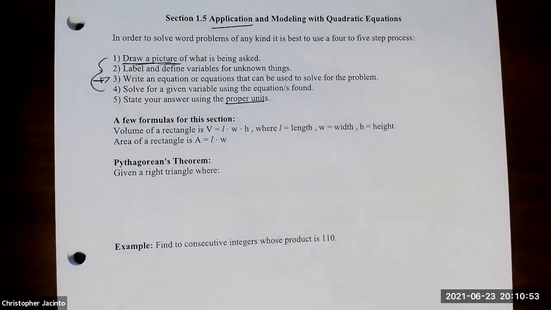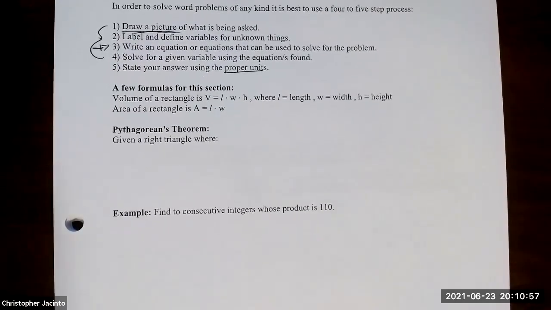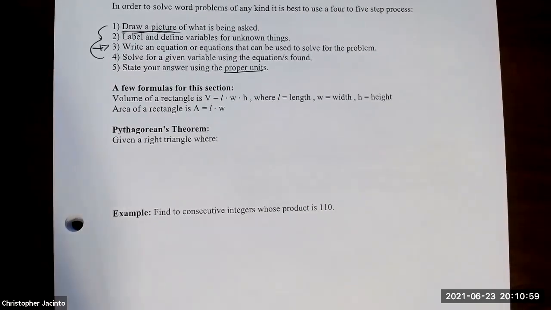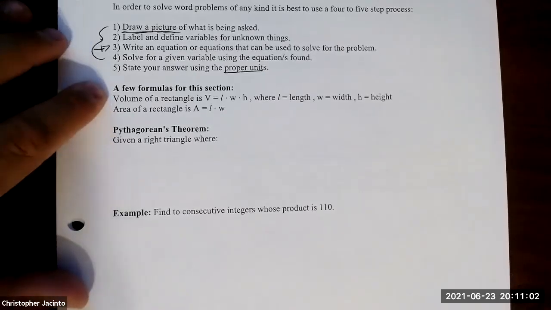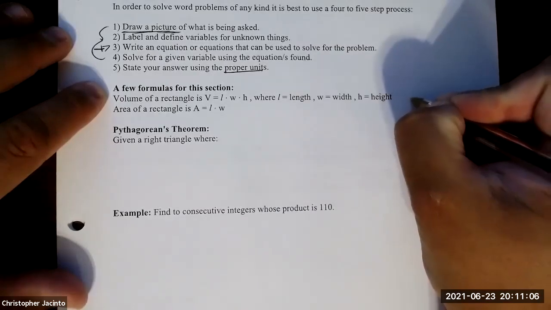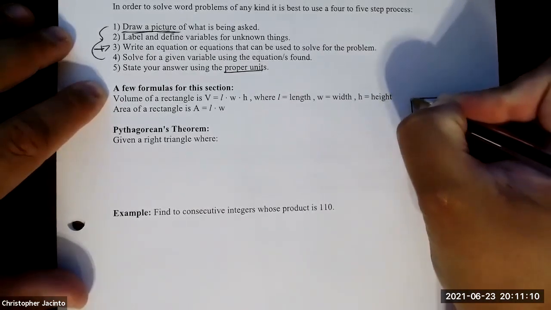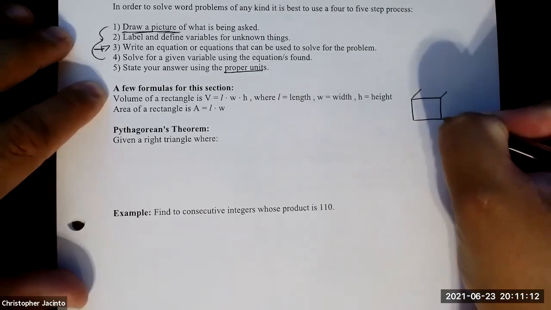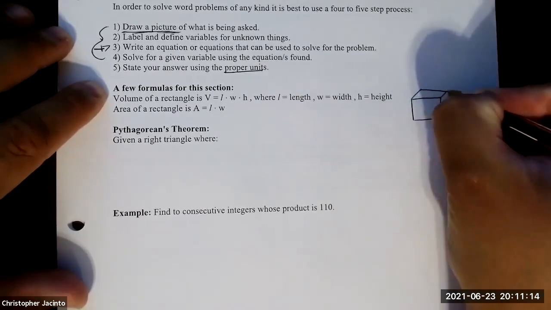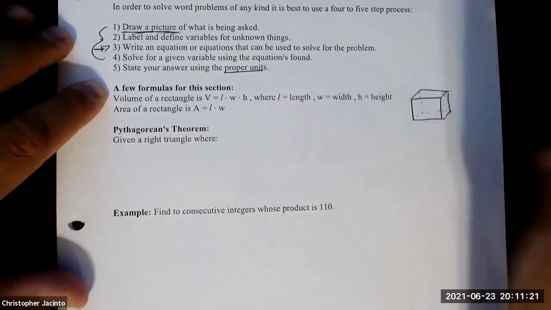Now, like I said earlier, I am going to give you some formulas for this section because you'll be using these. There are two here. First, the volume of a rectangle. If you have a box, let's see if I can actually draw it in 3D here. Best I can do.